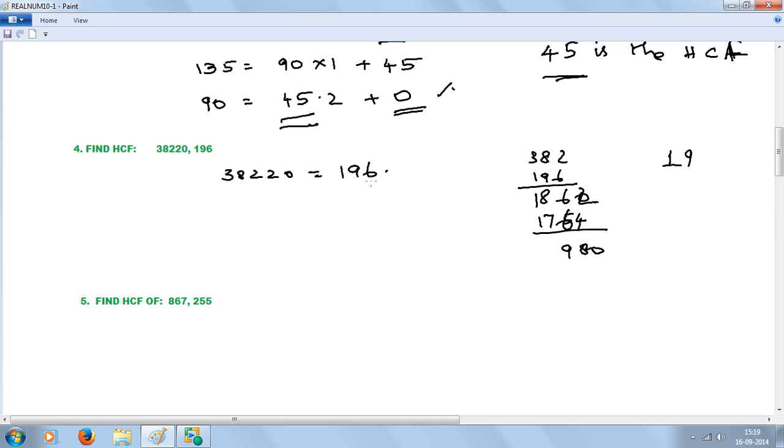Now if you multiply by 5, 196 multiplied by 5 gives 980. And the remainder is 0. Therefore 196 is the highest common factor.